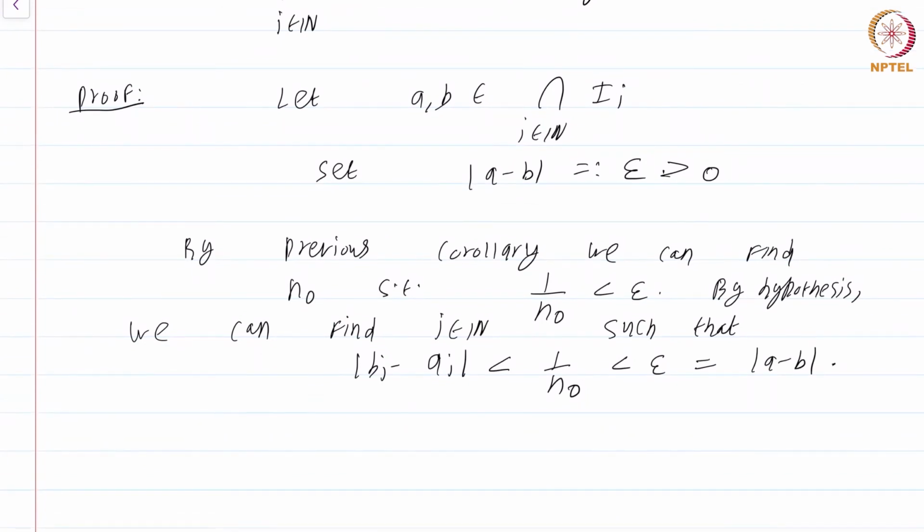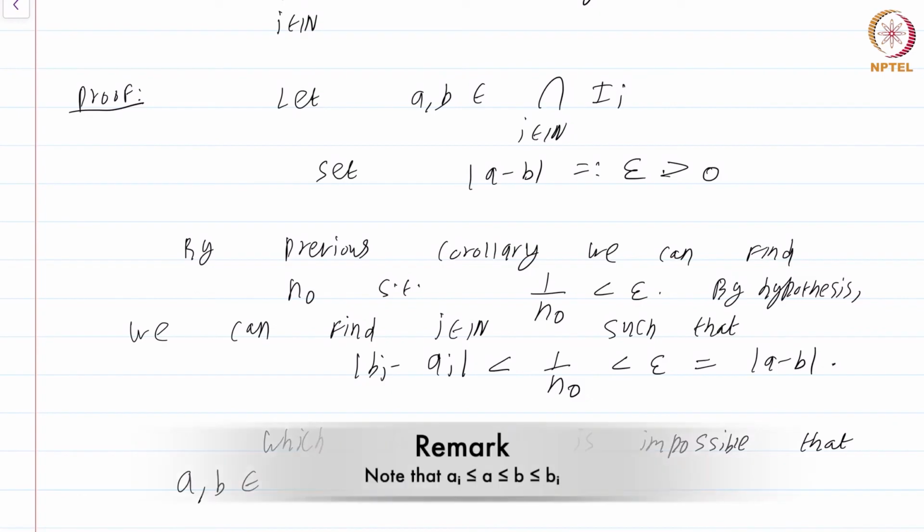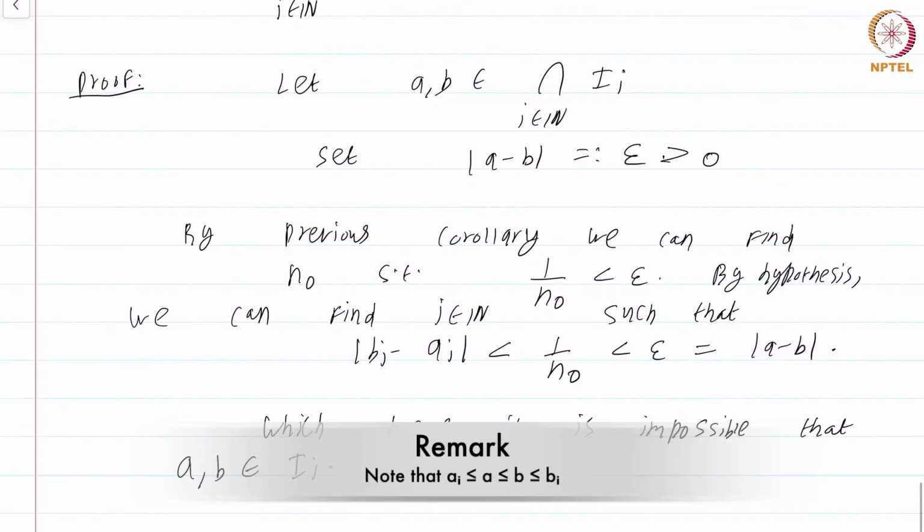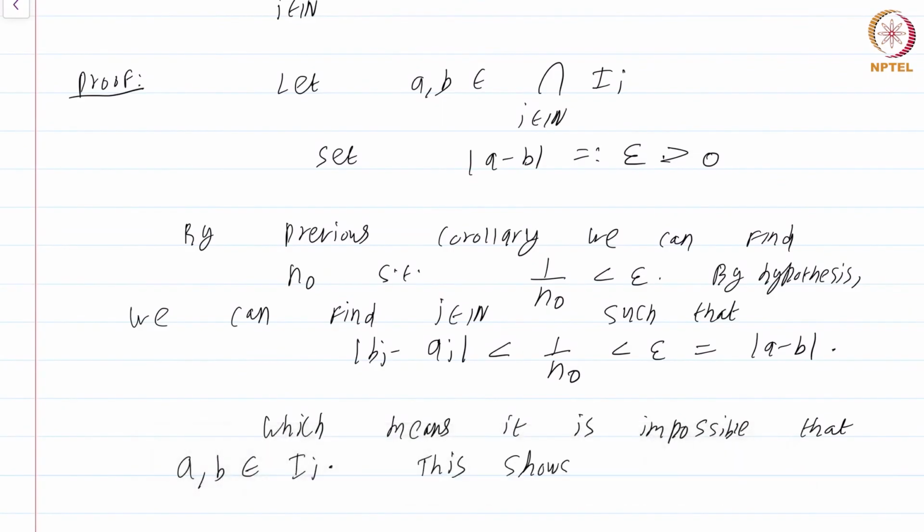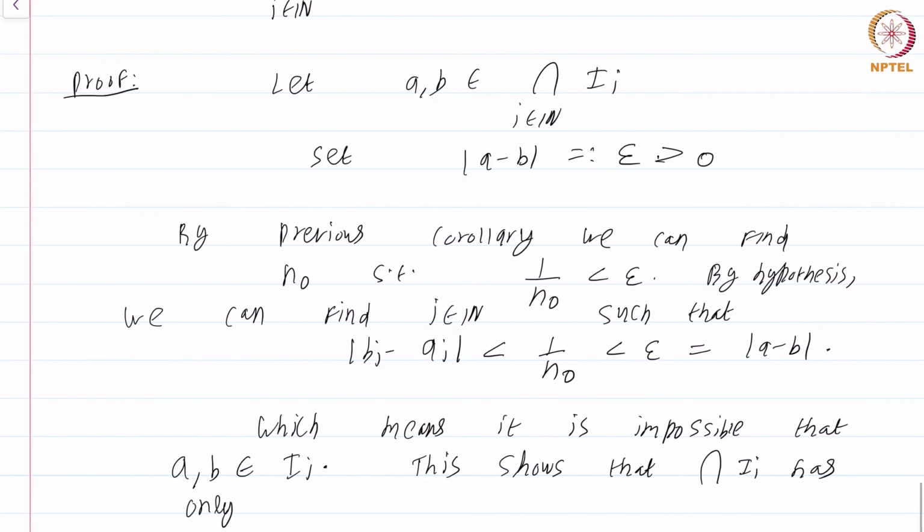Okay. So the length of the interval [a_n, b_n] is less than mod a minus b, which means it is impossible that a comma b is present in I_n. Okay. So this shows that the intersection of the I_n has at most one element.